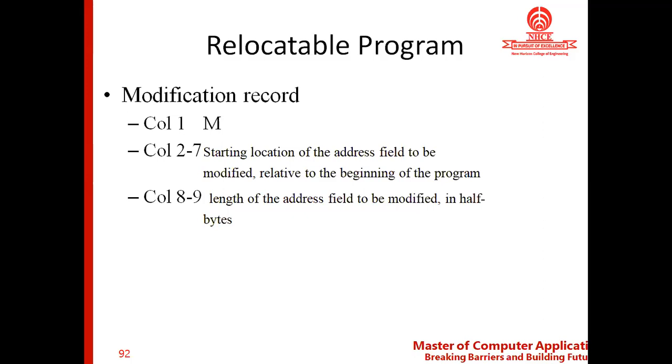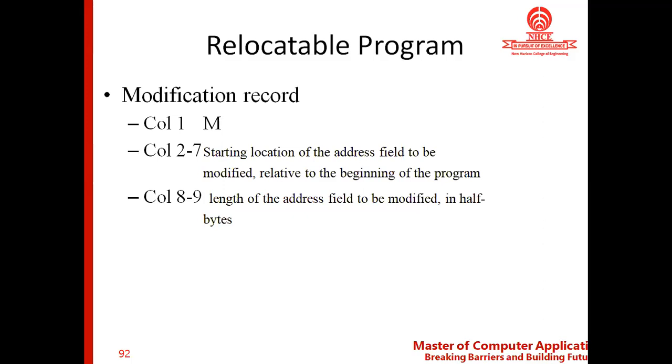This provides information to the loader that if there is a change in the starting address, if there is a program relocation, then these are the places which need to be modified. That information is provided by the assembler at the time of generating the object program.